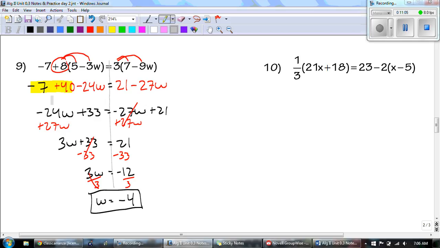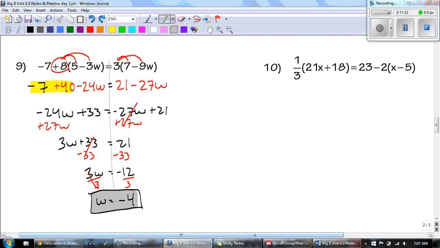Okay, so I wrote everything in standard form on my second step. So it was negative 24w plus 33 minus 27w plus 21. The negative 27, that was our smaller variable, so I added it to both sides and I got a positive 3. Subtract 33 from both sides and then divide by 3 and we get w equals negative 4.